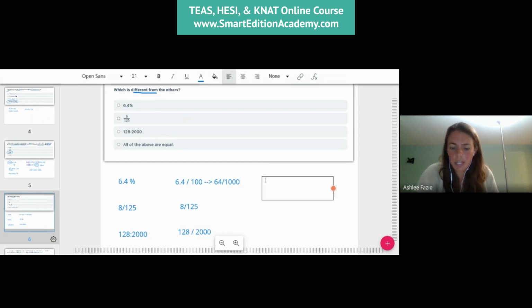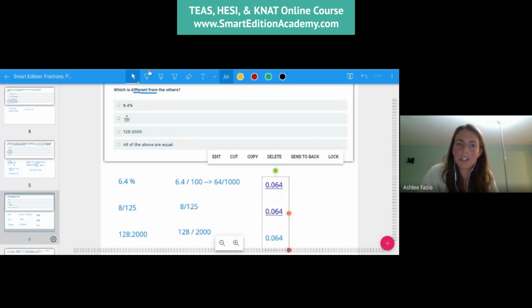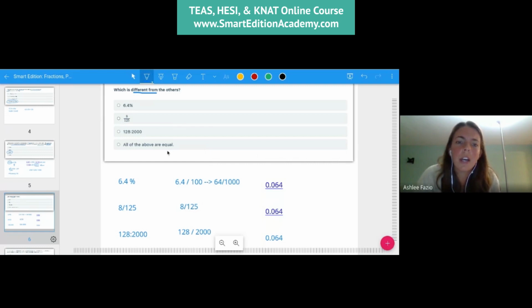When I did this, I got 0.064. Then when I do 8 divided by 125, I got 0.064. And last but not least, the 128 divided by 2,000, I again got 0.064. And that leads me to believe my answer has to be all of the above are equal.